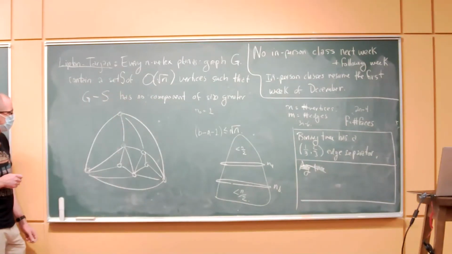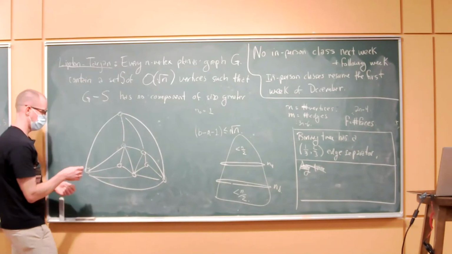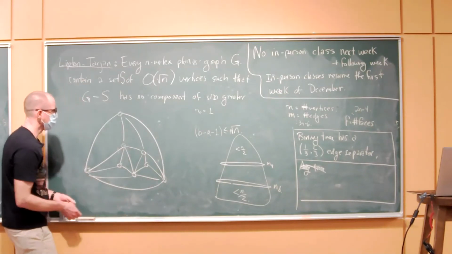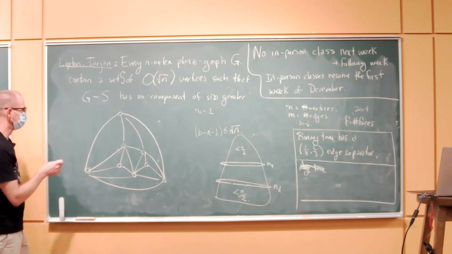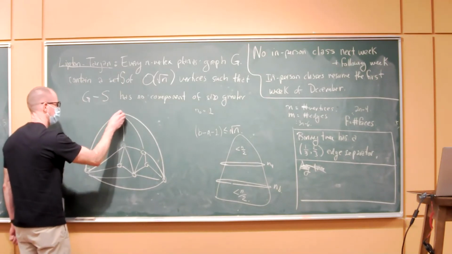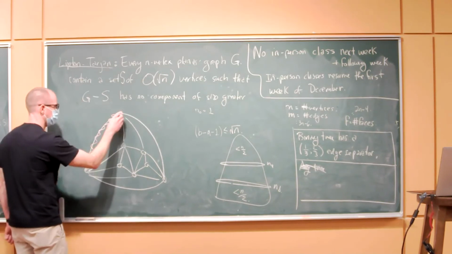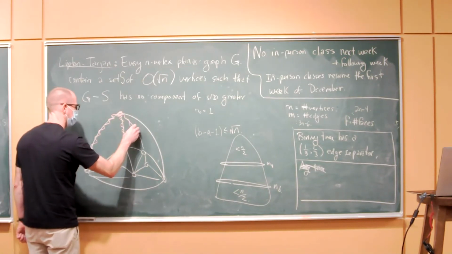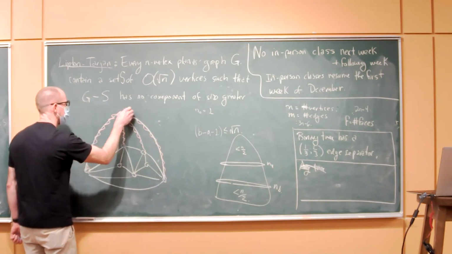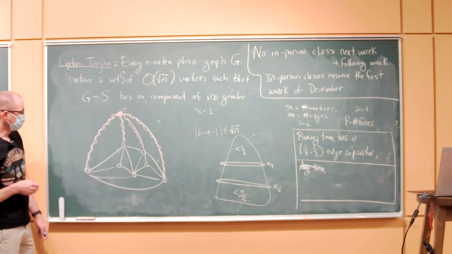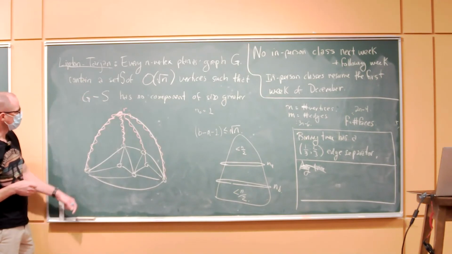So I have a breadth-first search tree of my graph. This is going to be a boring one probably, but for this graph, if I pick this as the root, here's the beginning of my breadth-first search tree.